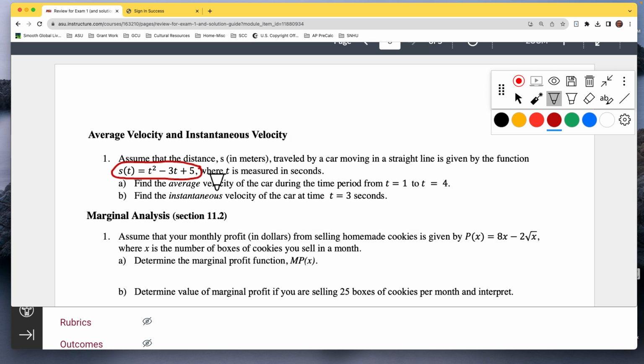So this is giving us, if we know how long it's been traveling, we know how much distance it's gone. The derivative would be the change in distance over the change in time. That's what we call speed, miles per hour. So that's why the instantaneous rate. And this is a good one. It gives us the difference between, we're asked to do both the average velocity from 1 to 4, and then instantaneous velocity at t equals 3. Okay.